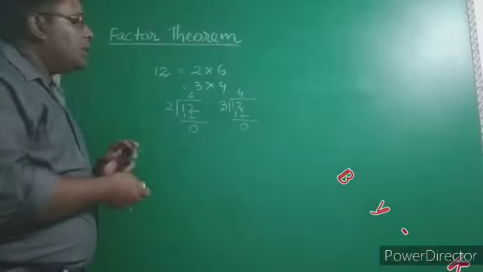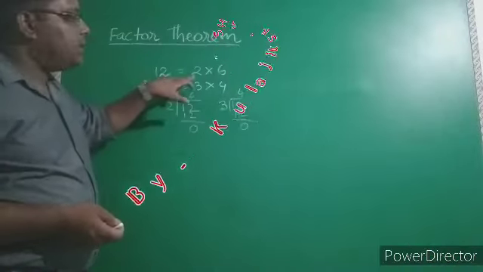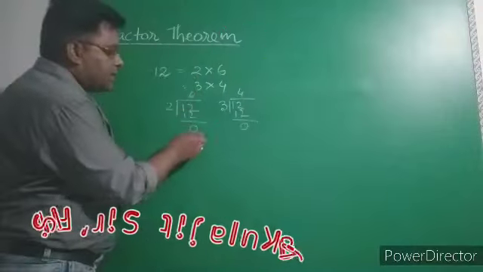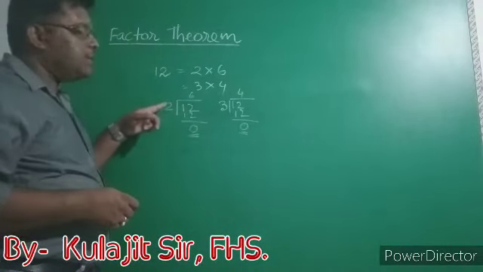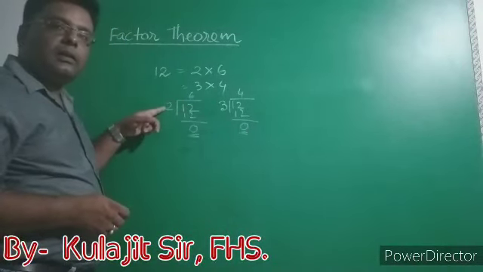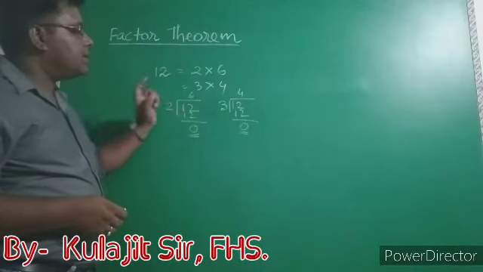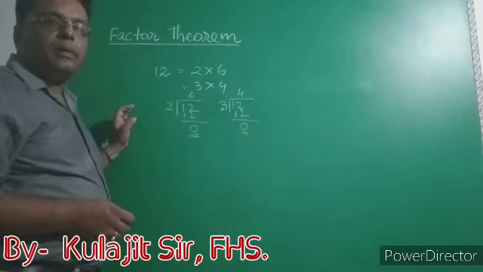That is, when we divide a number by a smaller number and the remainder becomes 0, that means this number is divisible by this divisor. 12 is divisible by 2, by 6, by 3, and by 4.